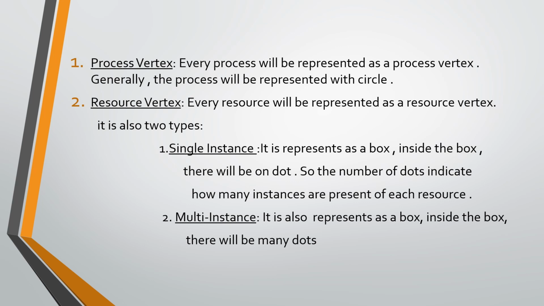Coming to single instance, it is represented as a box. Inside the box, there will be a dot. The number of dots indicates how many instances are present in each resource. Coming to multi-instance, it is also represented as a box. Inside the box, there will be many dots.